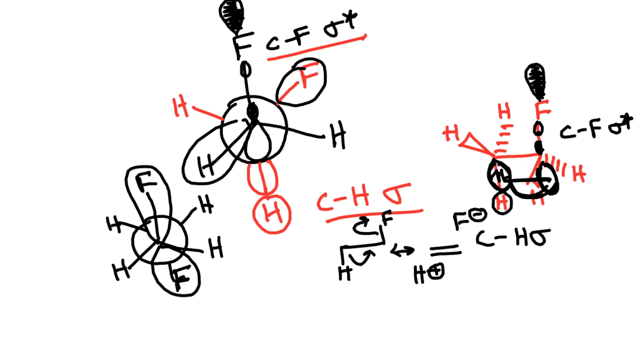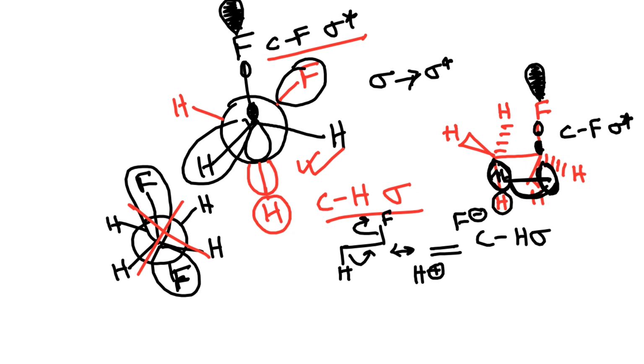This bond is very strong, but CH sigma can donate. Actually we should say it is sigma to sigma star donation, not purely hyperconjugation. This donation is not possible for the anti conformation, but it is possible for the Gauche conformation, and that's why the Gauche form is more stable.